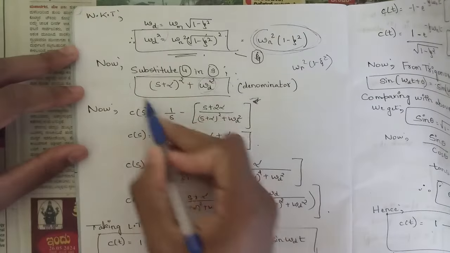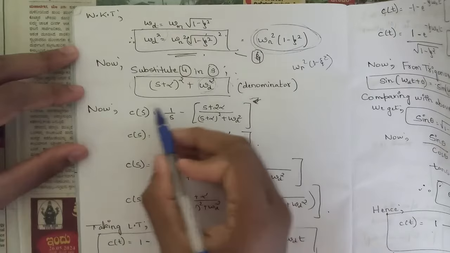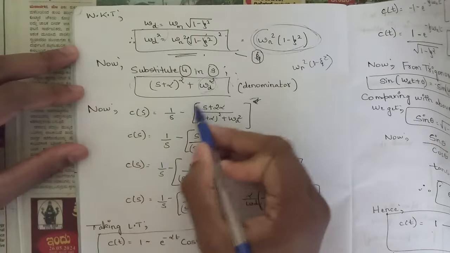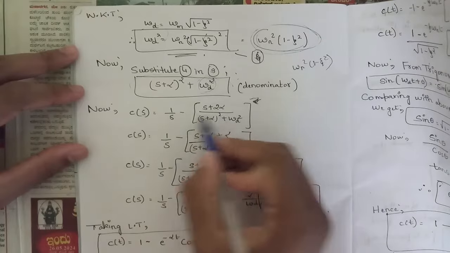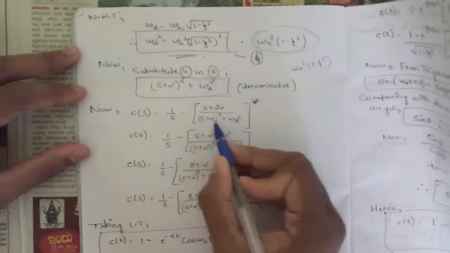Again, put this denominator value back in the assumed partial fraction which we have taken, that is, C of s is equal to 1 by s minus s plus 2 alpha divided by, so replace the denominator by this term now, that is s plus alpha the whole square plus omega d square.